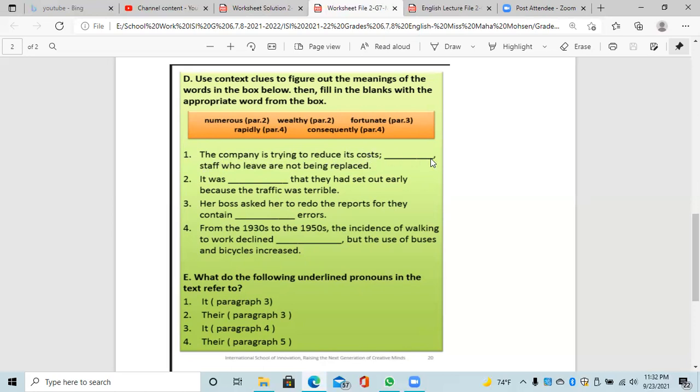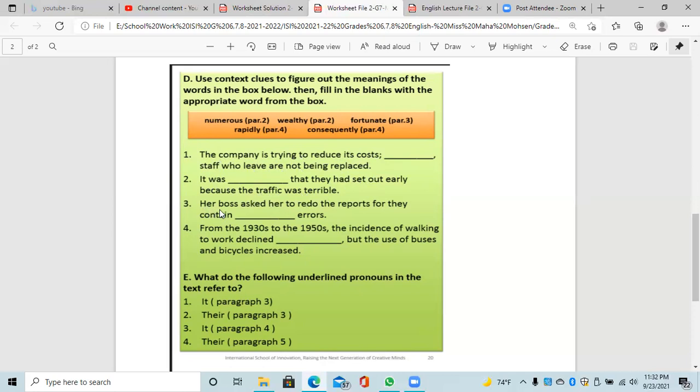As a result of that, staff who leave are not being replaced because the company is trying to reduce its costs. Second one, it was fortunate that they had set out early because the traffic was terrible.